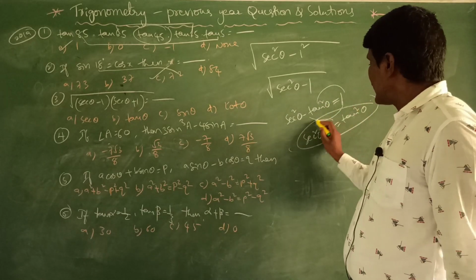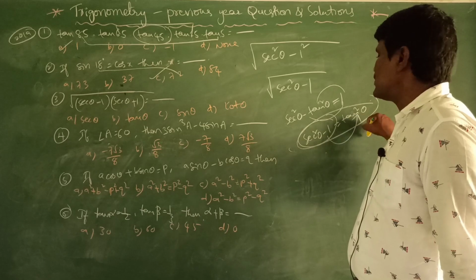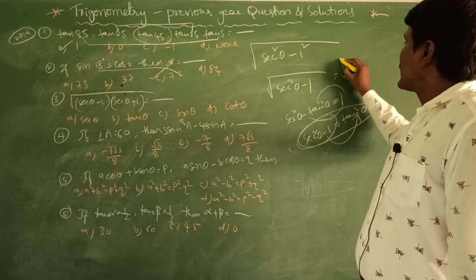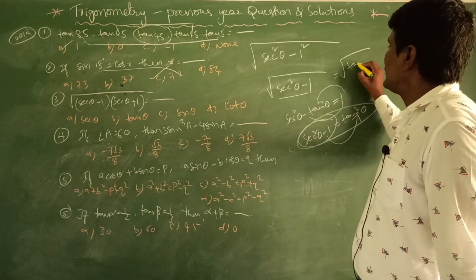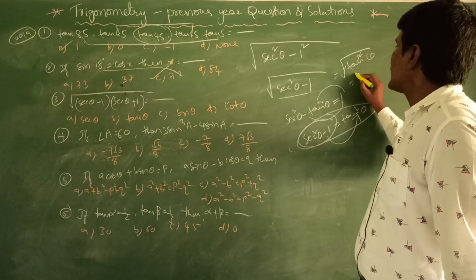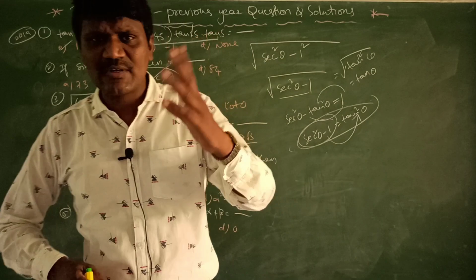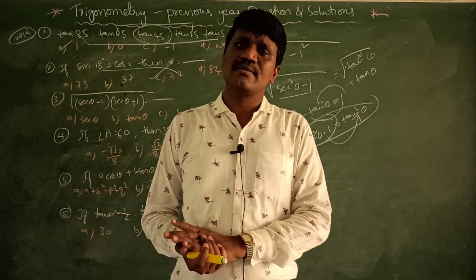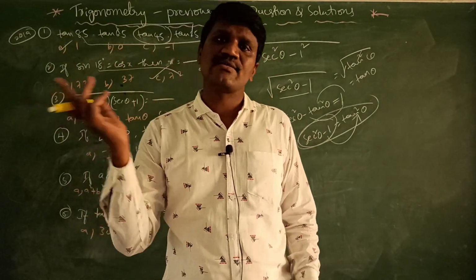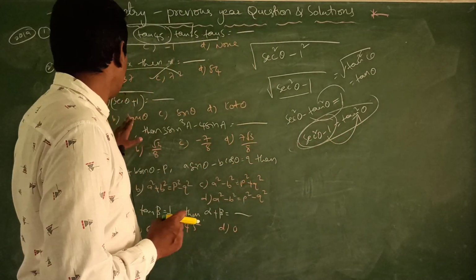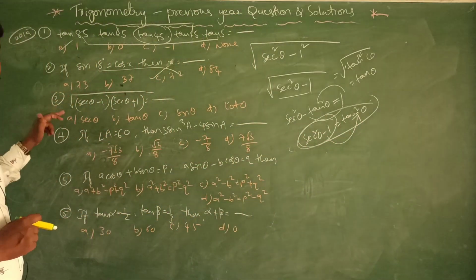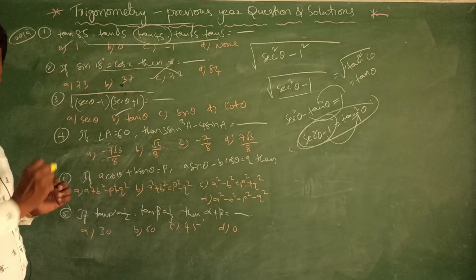So wherever sec square theta minus 1 is there, you can substitute tan square theta. So under root of tan square theta, the square root cancels, and the answer will be tan theta. So you remember students, the identity is sec square theta minus tan square theta is equal to 1. Based on that you can solve this problem. So the answer is tan theta.